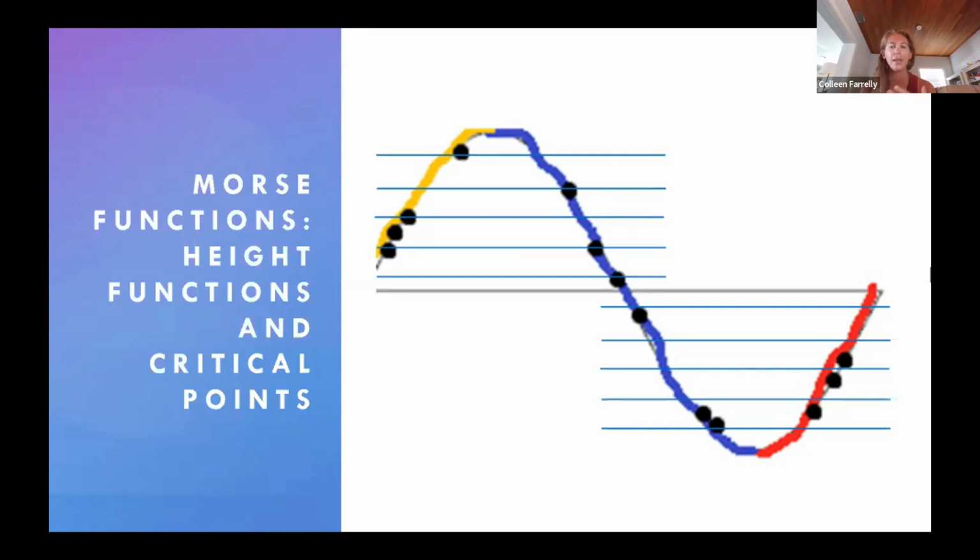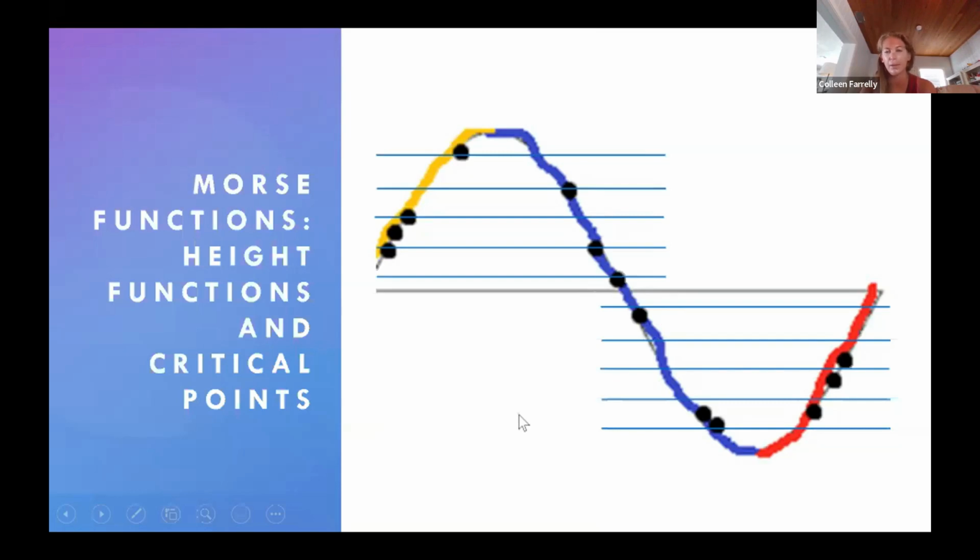But essentially, when we meet these conditions, there's a height of sorts that's defined. We have a function with different values that can be higher or lower that's applied to our data set. And in here, we have critical points where things are at a maximum or a minimum or an inflection point.